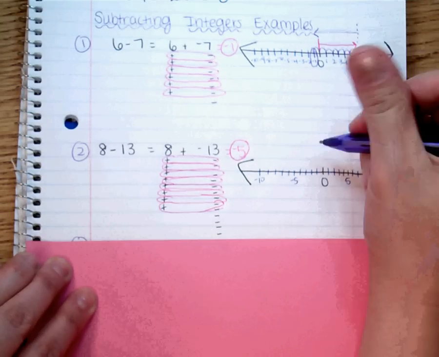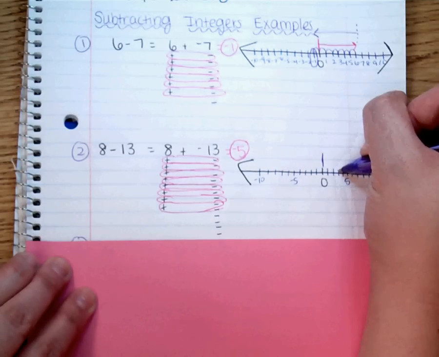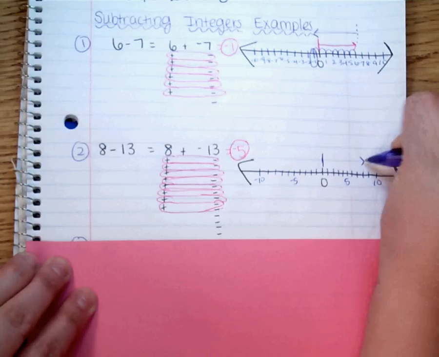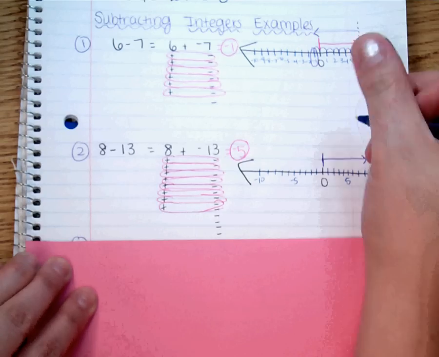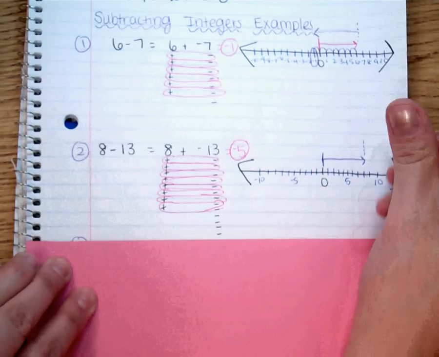Just remember, I always start at 0. My first number is 8, so I'm going to go 1, 2, 3, 4, 5, 6, 7, 8. So my first arrow will end at 8. And then if I'm adding negative 13, I need to turn around, so do my dotted line, and go negative 13.